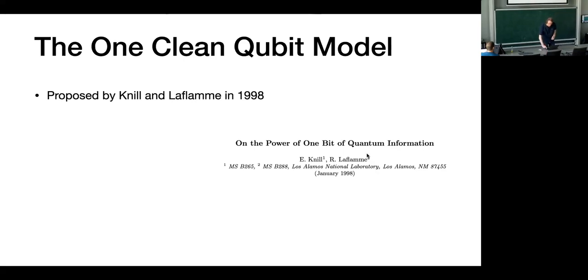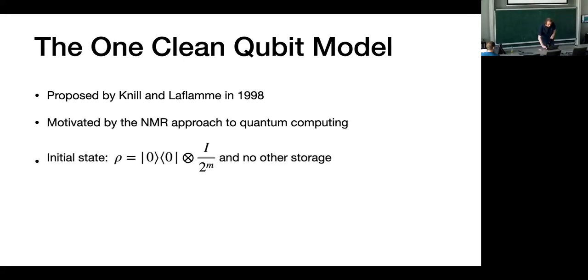So there were several papers about this. So here the one by Knill and Laflamme. And what is technically going on here? So this NMR actually contains a lot of molecules that are specifically designed as quantum storage, and you work with all of them simultaneously, and you can maybe separate one degree of freedom properly, and the rest of your storage is essentially noise.